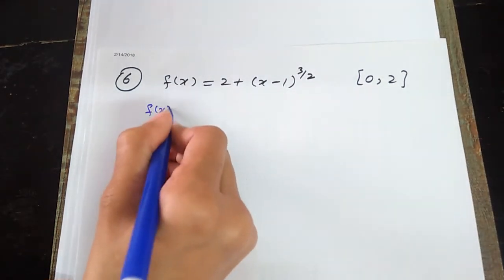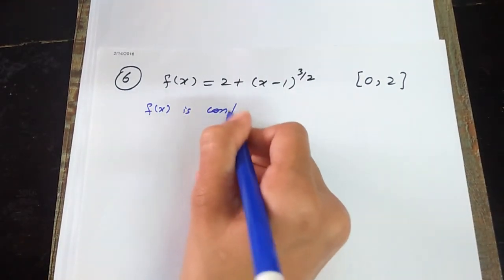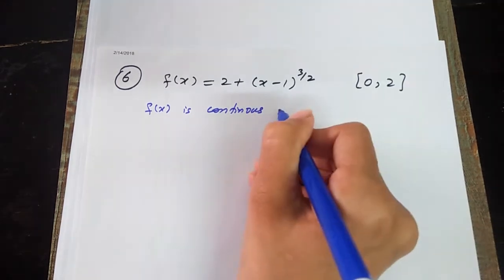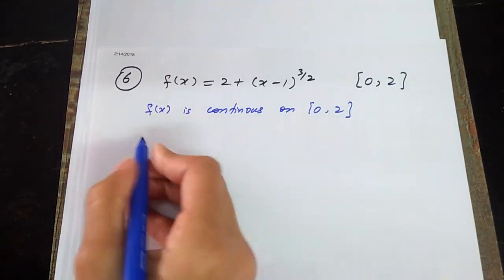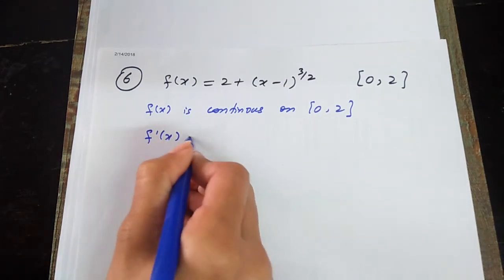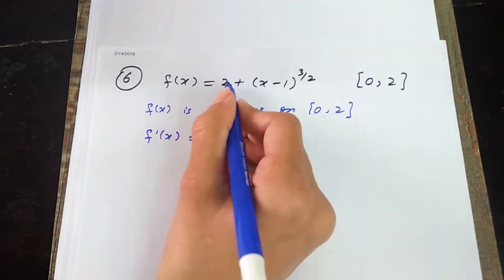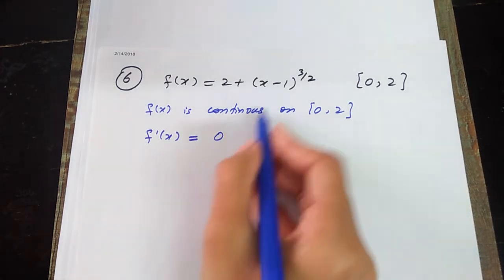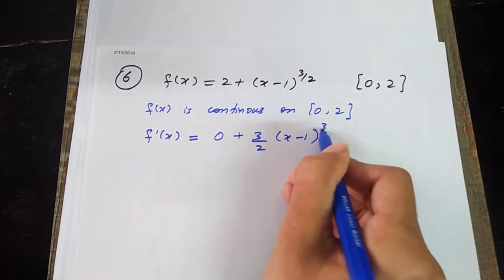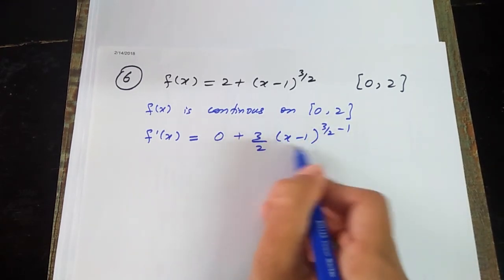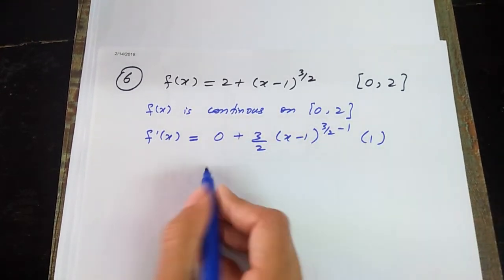So f of x is continuous on this closed interval 0 to 2. Now find the derivative f dash of x. When we will find the derivative, this constant term will become 0. Then power down, power minus 1, and then without power derivative will be 1.